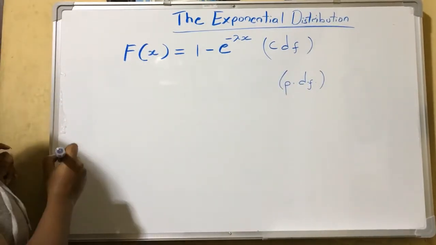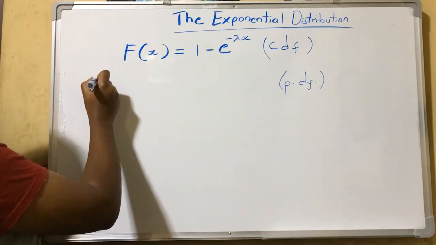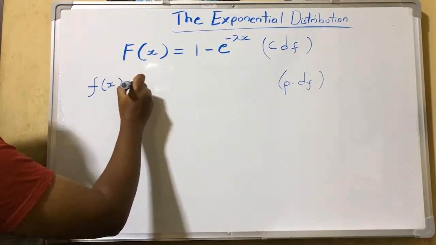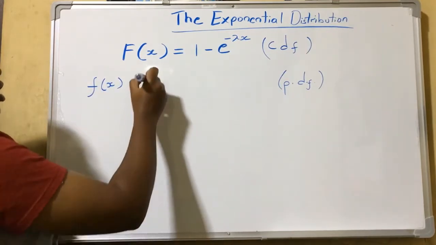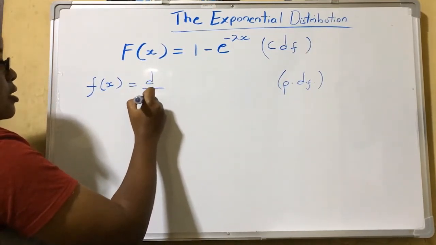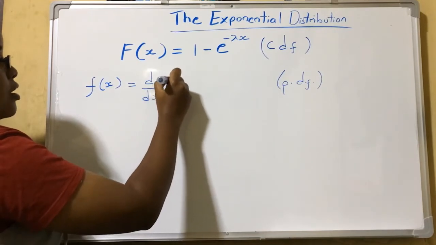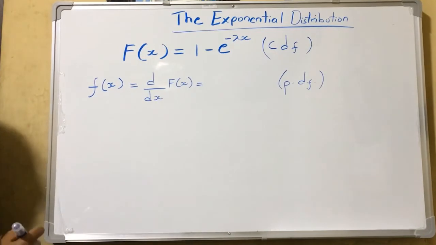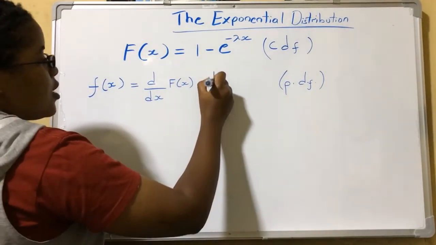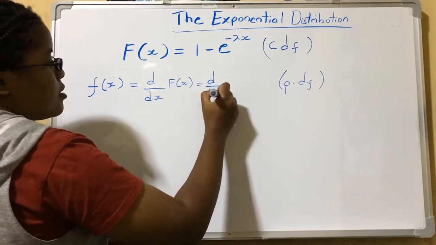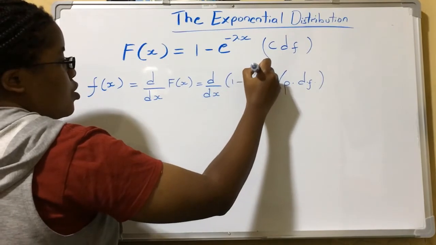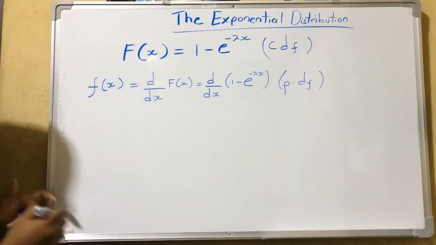As already mentioned in class, to get the PDF of a function from its CDF, we differentiate the CDF with respect to the variable, in our case d over dx of F(x), where F(x) is given by 1 minus exponential raised to negative lambda x.